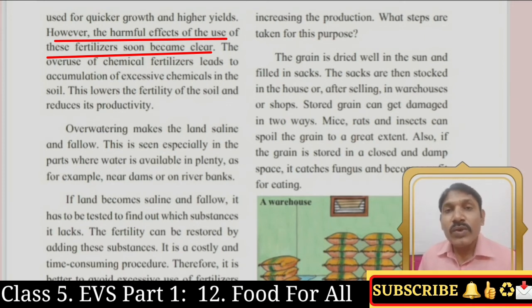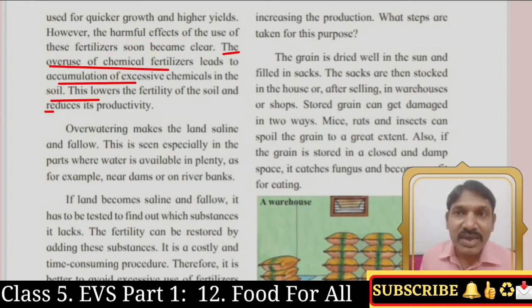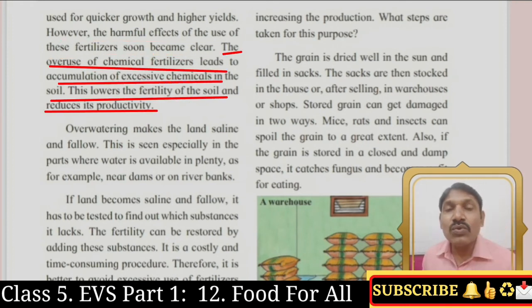So here we can understand the effect of the chemical fertilizers quickly. If we overuse chemical fertilizers, it leads to accumulation of excessive chemicals in the soil.